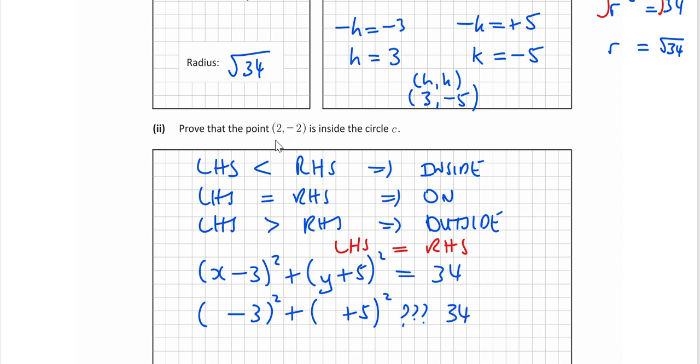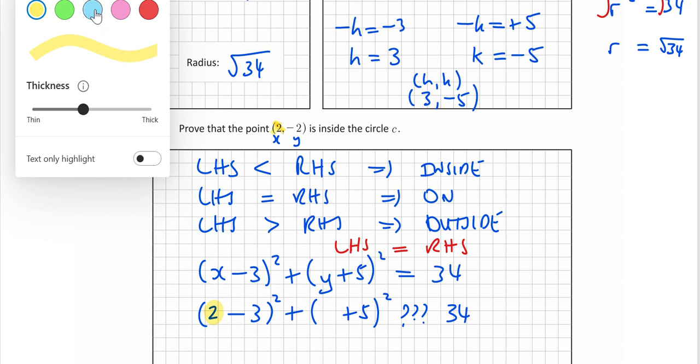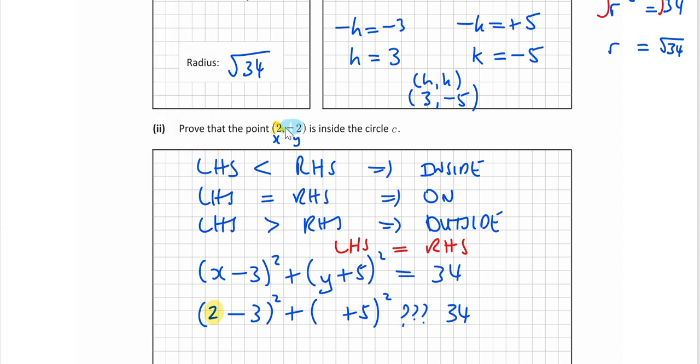Our point is (x, y), so we sub in 2 for x and −2 for y.